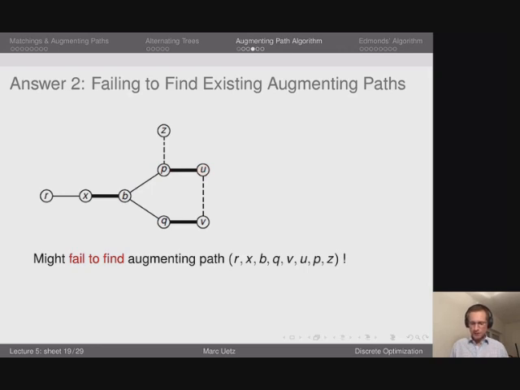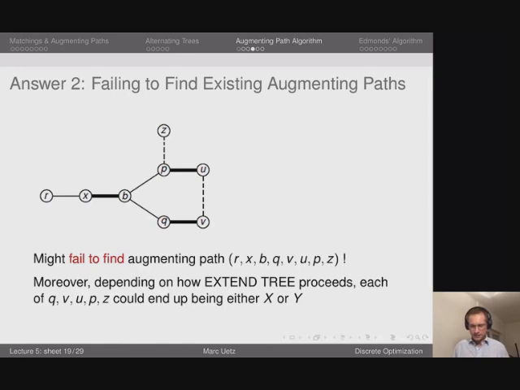Suppose now we consider this edge from U to V. So this vertex V will again have an odd length distance, and this one will have an even length distance. So Q has in this case an even length distance from the root, whereas when we first consider this edge from B to Q, then this one would get an odd length distance. So it would be classified in these sets X and Y in different ways, depending on the order in which we are processing these outgoing edges from B. And that is also kind of annoying.